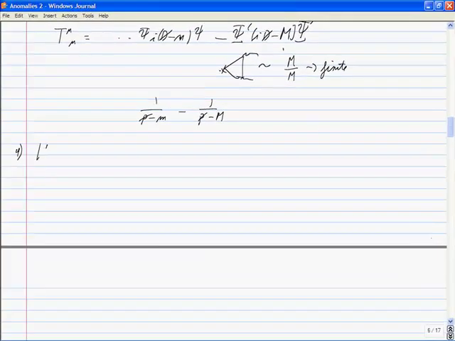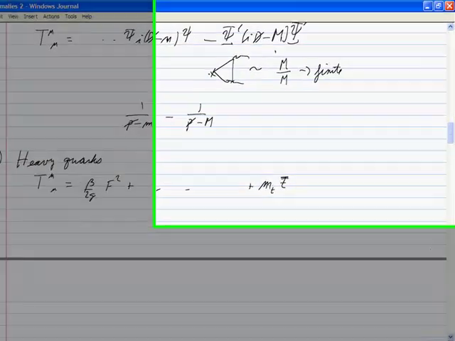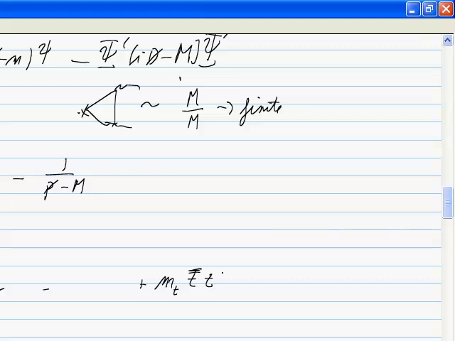The same story happens for heavy quarks. The story with heavy quarks is the following. To trace the energy momentum tensor, you could write it in the following way: beta over 2g times F squared, plus the sum over quark masses, and let's put one way out here, plus dot dot dot, m_t t bar t, the top quark mass.